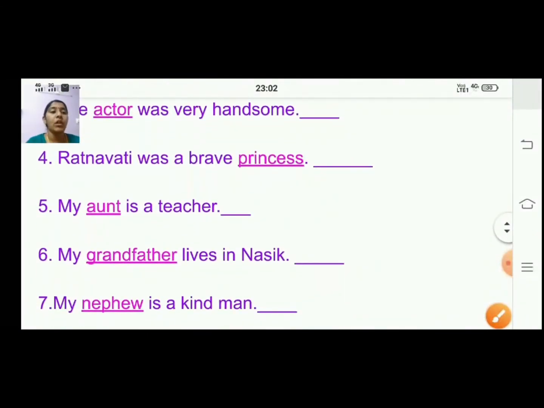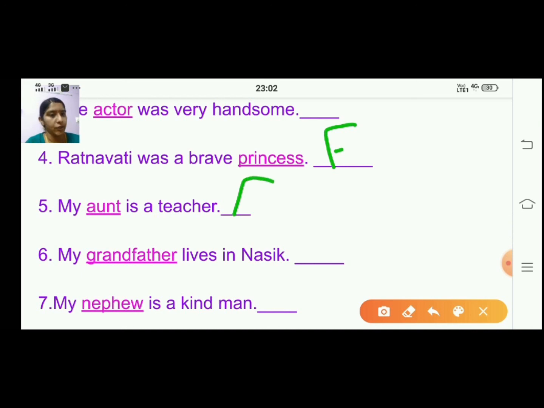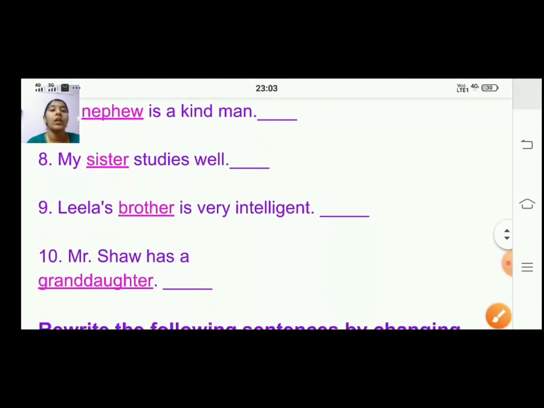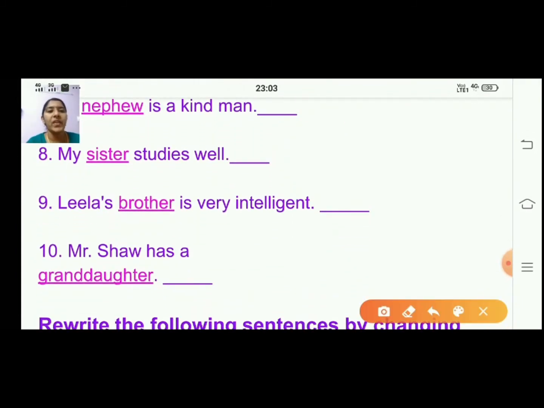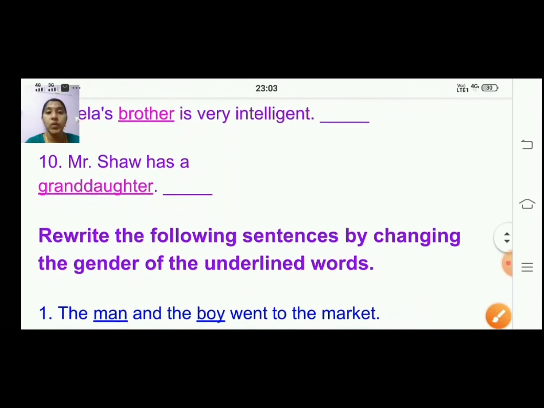Then we saw princess, female, aunt, female. The underlined words you have to see, right? Grandfather, male. Nephew is a man here, so it will be male. Then you have sister, feminine gender, female. Brother, masculine gender, male. Then we have granddaughter, a feminine gender, so it will be F. So these are the things which we saw.